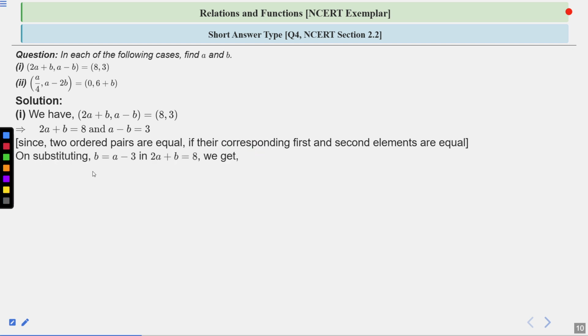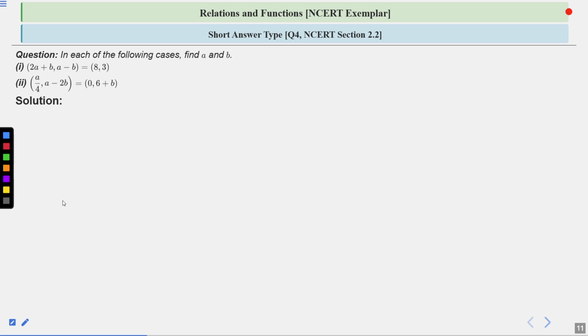Now substituting B equals A minus 3 in the equation 2A plus B equals 8, we get 2A plus A minus 3 equals 8. This gives 3A minus 3 equals 8. So further, 3A equals 11, and this implies A equals 11 by 3. So the A value is 11 by 3.